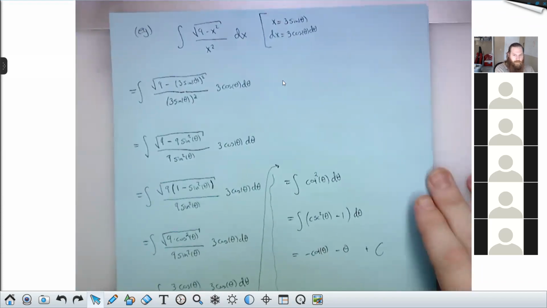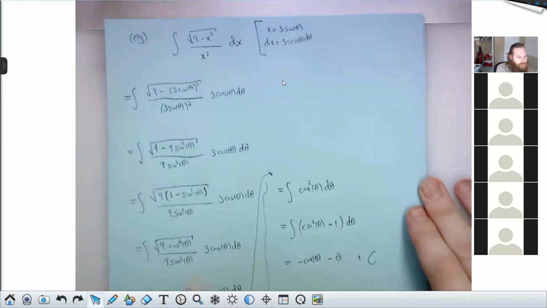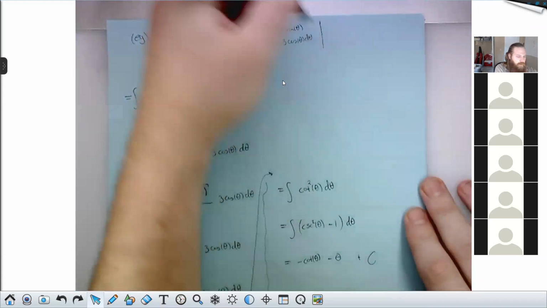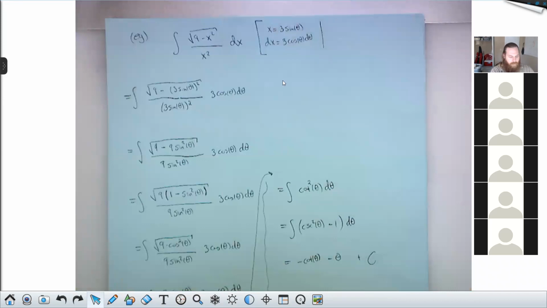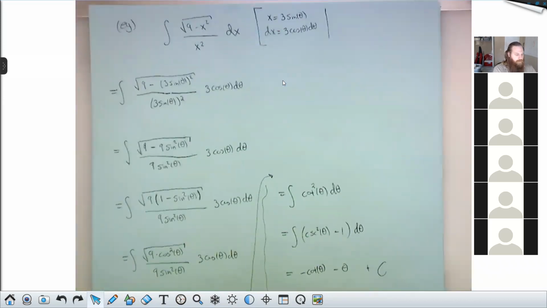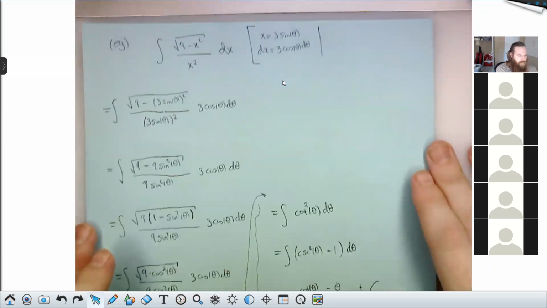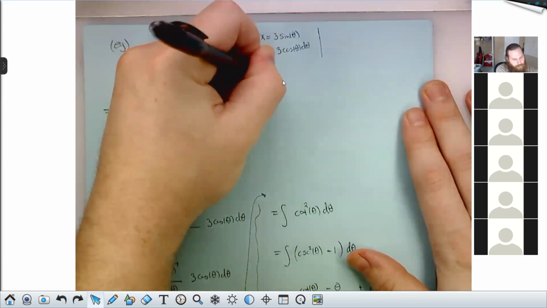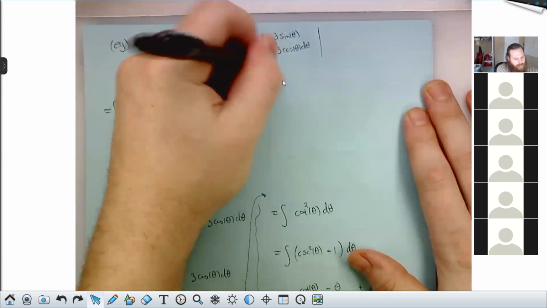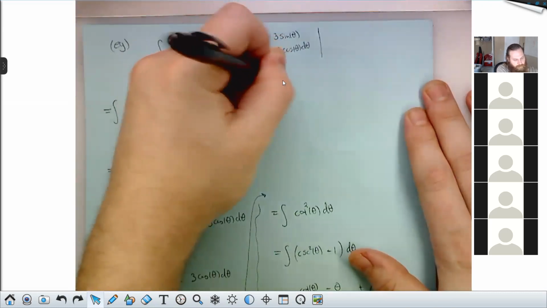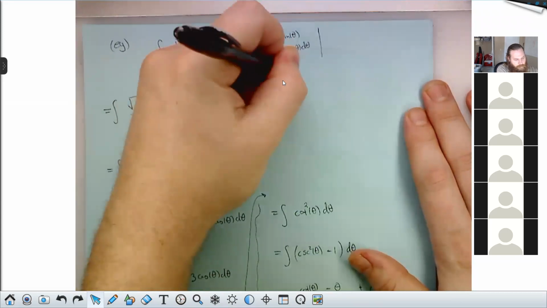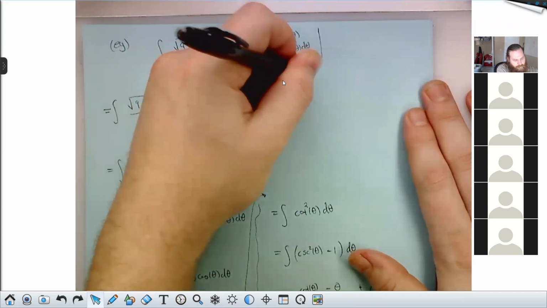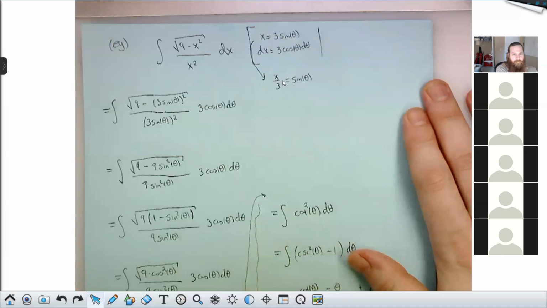That's why I left some space up here. In the spot where I would normally change my bounds, if I'm doing an indefinite integral using trig sub, that's where I like to draw a little triangle. Since x is equal to 3 sine theta, that means x over 3 is equal to sine theta.